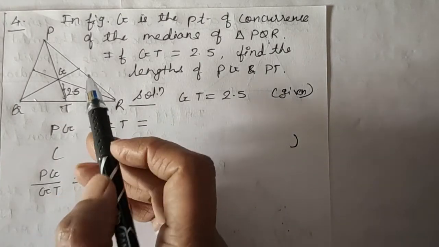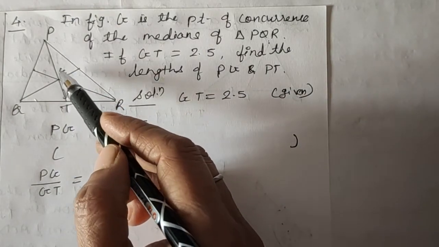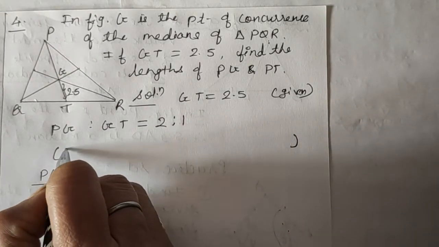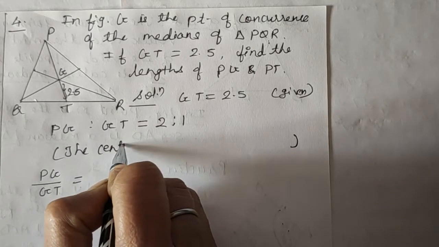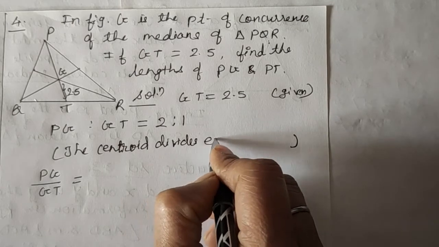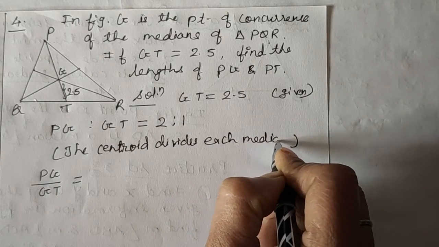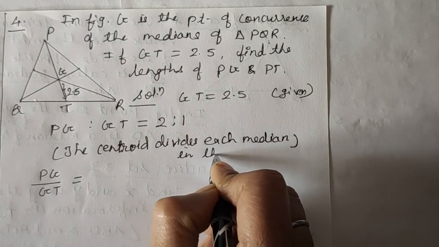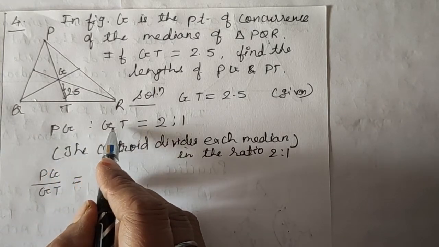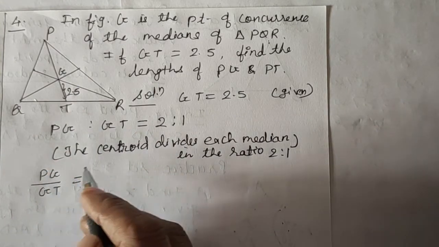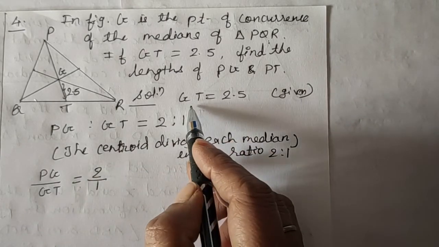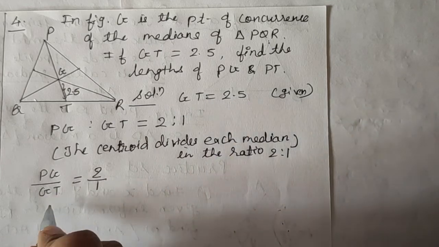So let's write that the ratio of PG and GT is 2:1, and the reason is that the centroid divides each median in the ratio 2:1. So PG by GT is equal to 2/1.